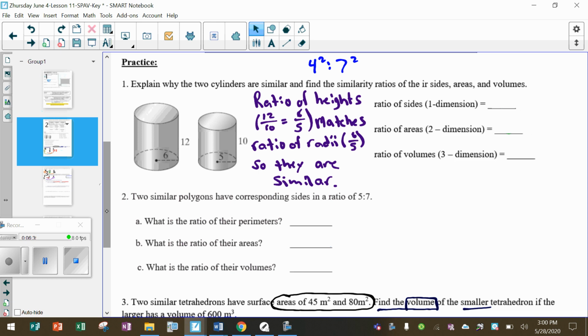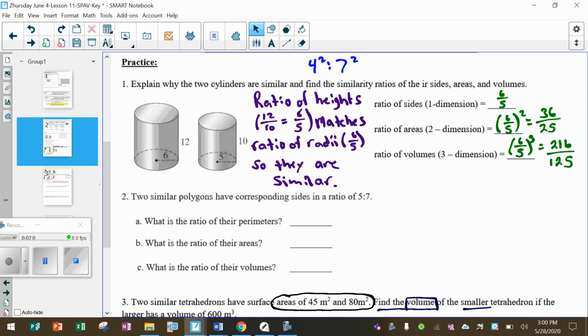So the ratio of our sides, the one-dimensional comparison, would be 6 to 5. The ratio of the areas, the two-dimensional comparison, the area of the base, we would square that to get 36 to 25. And then the ratio of the volumes of the two cylinders, we would cube that one-dimensional ratio to get 216 to 125. So pause it, do question 2, and then come back and check your answers.